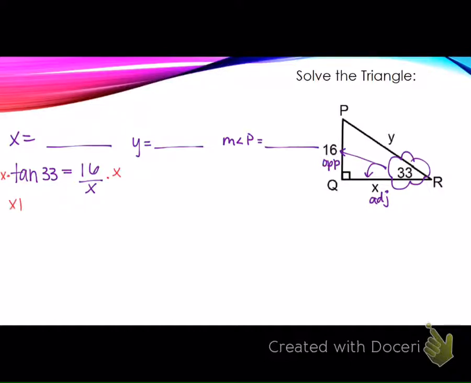So is x tan of 33 simplified yet? Is x by itself yet? No, what do I still have to do, Madison? Good. So tell me somebody else, what is 16 over tan 33? You got what? 24.6.